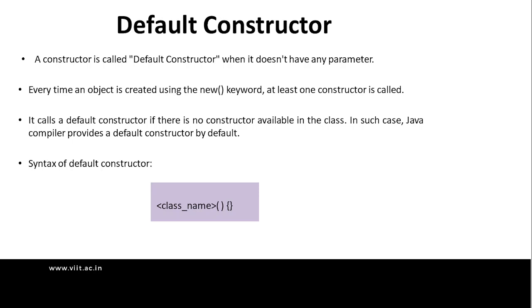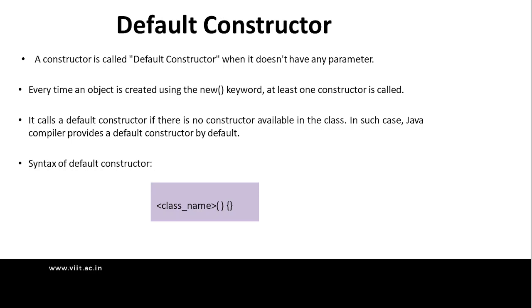Either you use the default constructor. The default constructor is always the class name with brackets, so it calls the default constructor if there is no constructor available in the class. In such a case, the Java compiler provides a default constructor for creating the object by default.